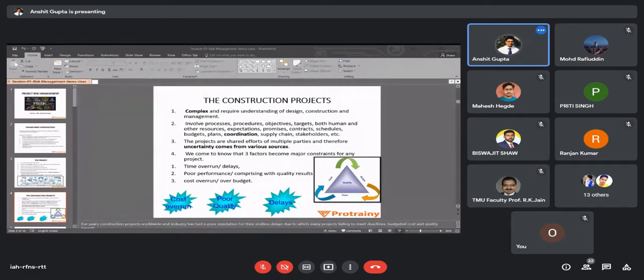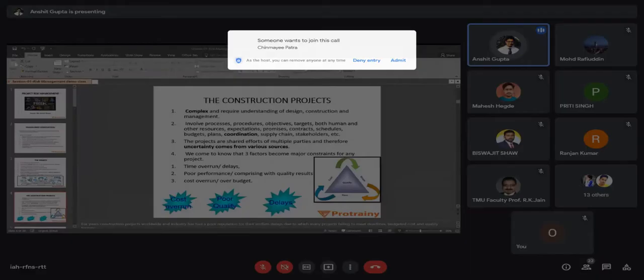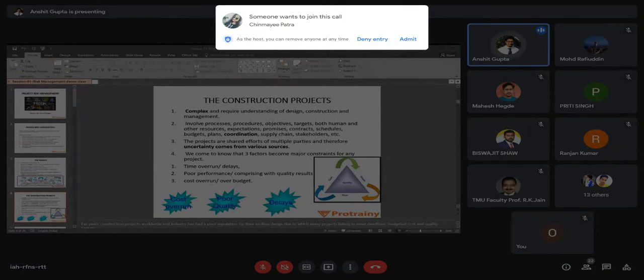These are the three main issues with construction projects basically all over the world, but they occur on a very high scale in India. So now we'll see what actually a risk is. Risk exists if there is something you don't want to happen that has a chance to happen.